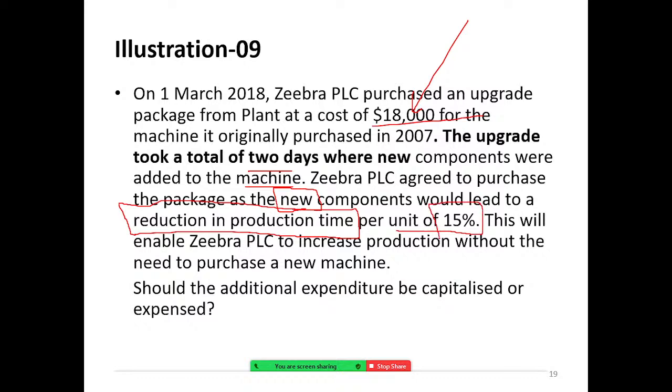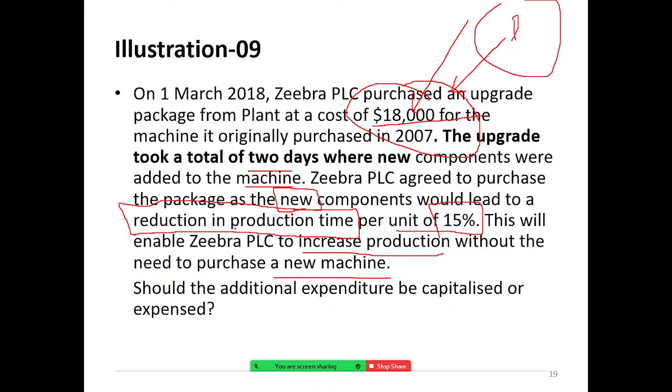This will enable Zebra PLC to increase production without the need to purchase a new machine. So this is the scenario. The question is, should the additional expenditure be capitalized or expensed? Should this 18,000 be charged in the income statement or to property, plant, equipment?